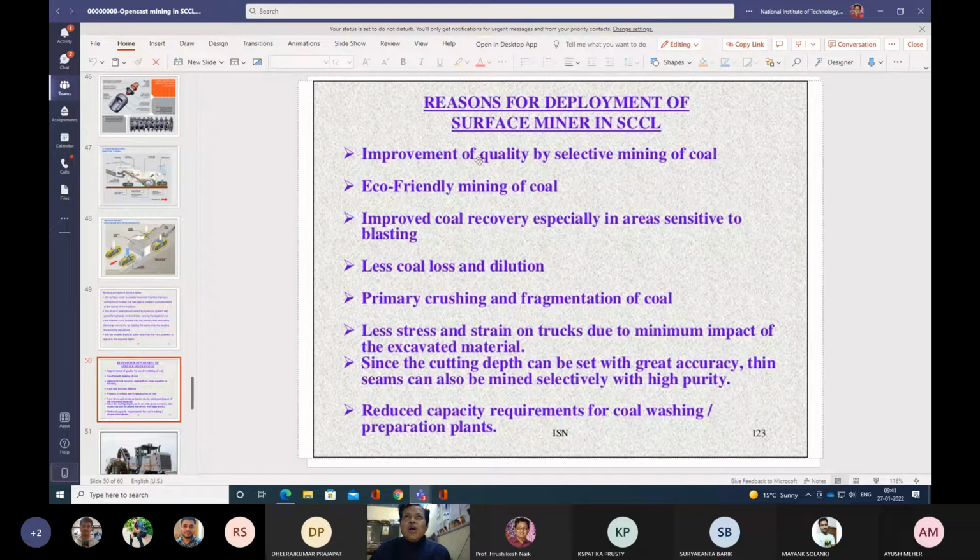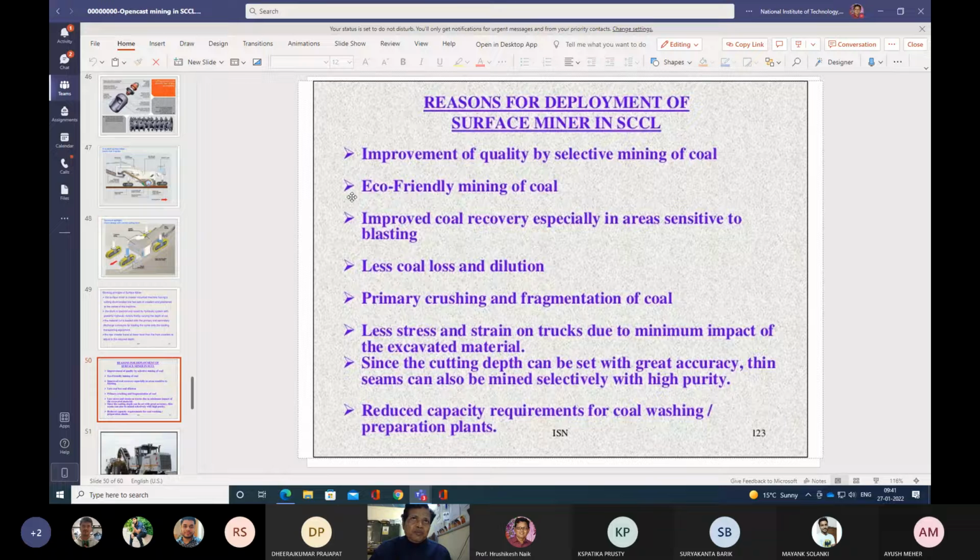You are not required to go for dirt mining. It means only coal will be mined. The dirt bands or stone bands will not be mined. Therefore it is a selective method of mining. It is a very eco-friendly coal mining method.